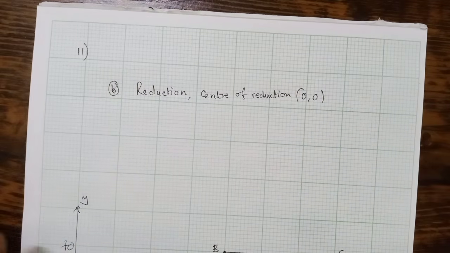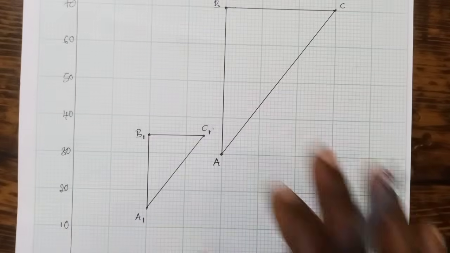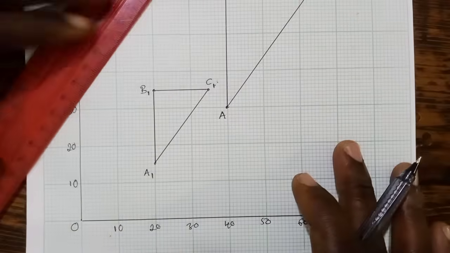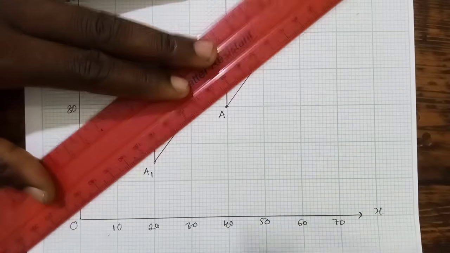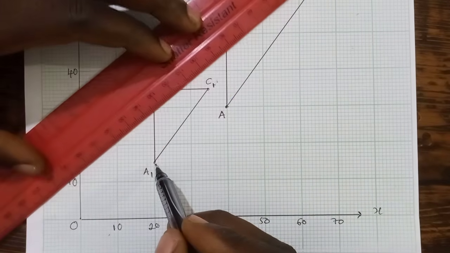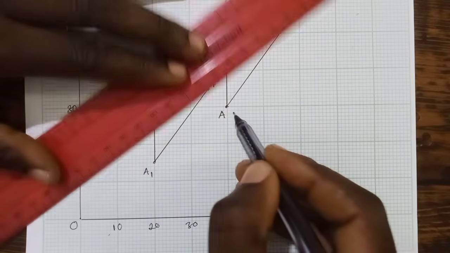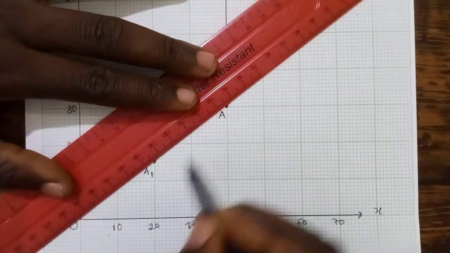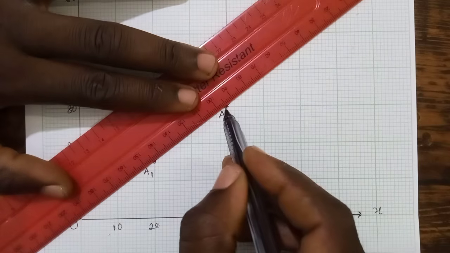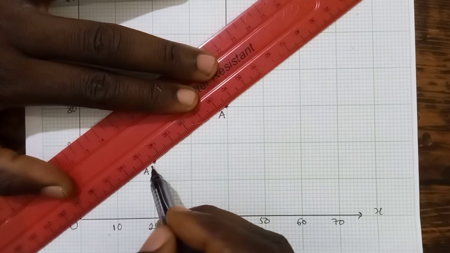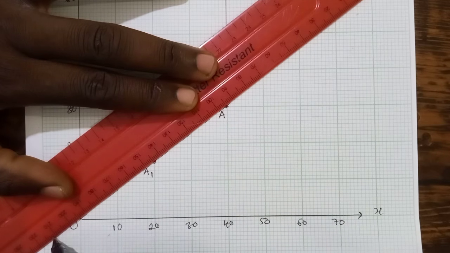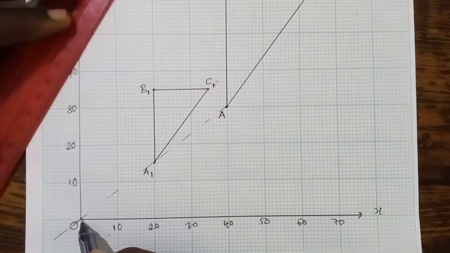I've said 0, 0 because I know where it's falling. So what you need to do, you join the corresponding points. So A1 and A2, okay, these are corresponding points. So you join them, you're just testing, use the dotted line like that. You see it's passing at the origin.